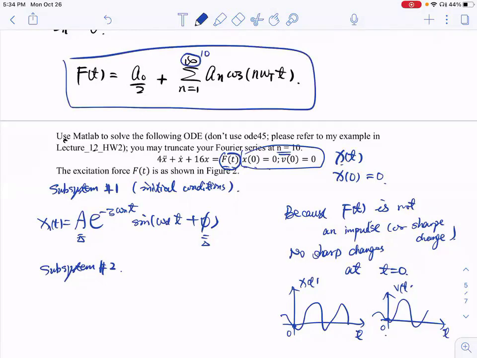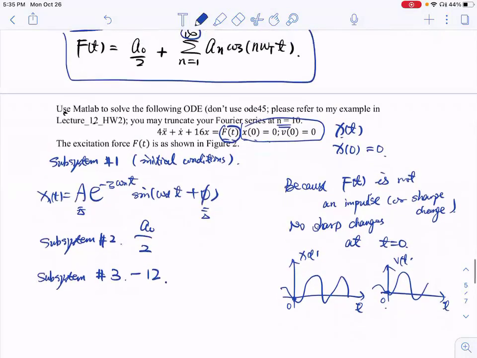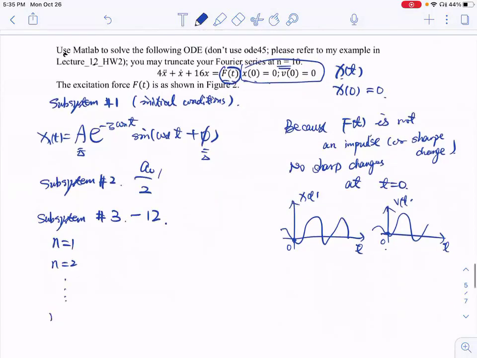Then how many subsystems do you have? You have the static input A0. You have subsystem number 3 all the way to 22. Actually, because we have no cosines, it's only number 3 to number 12. Number 3 is n equal to 1, n equal to 2, all the way to n equal to 10, right?